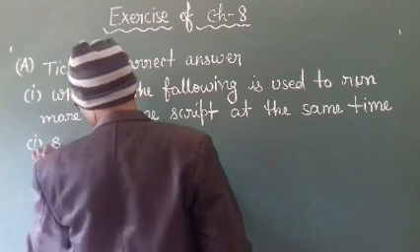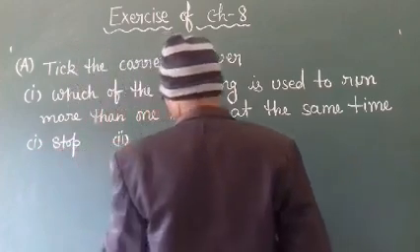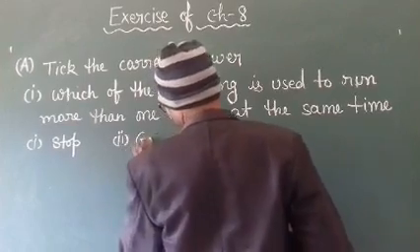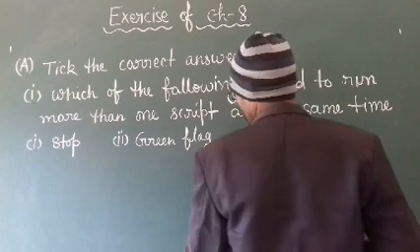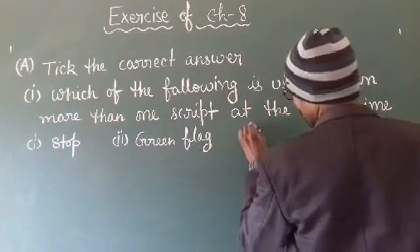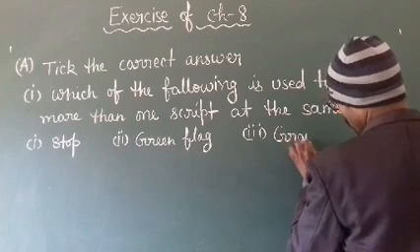Option number first is stop. Option number second is green flag, and option number third is grow.